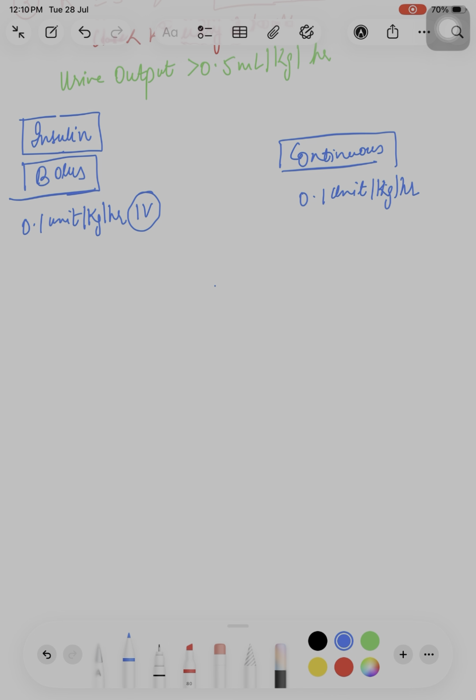In continuous infusion, you have to discard the initial 50 ml of the infusate because it is absorbed to the intravenous tubing, right?